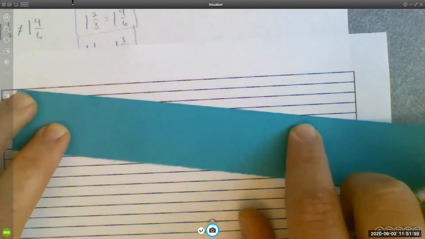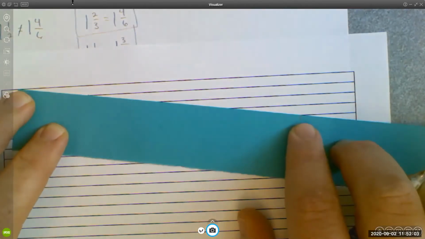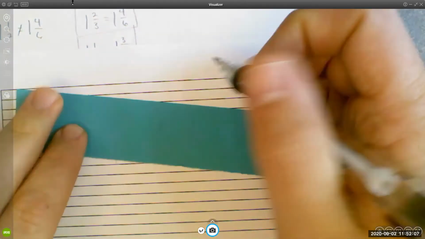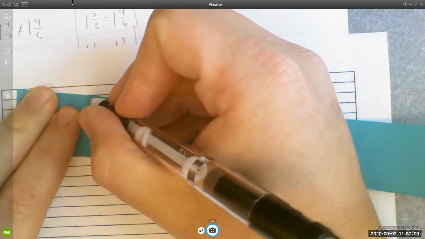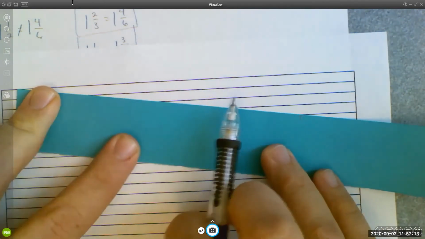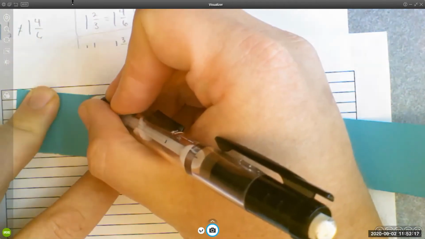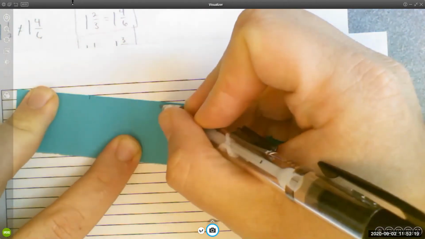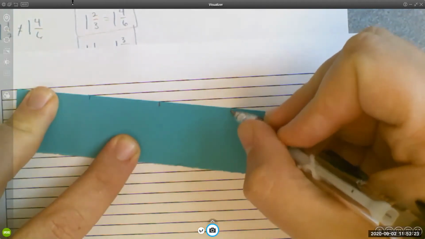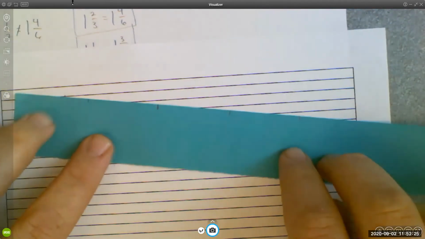Make sure that the left corner is still on the top line, and then the right mark should be on the 4th line down. What that does is it creates intersections between the lines on your ruled paper and the ruler. You can mark where those intersections occur, and they should be equally spaced, right?